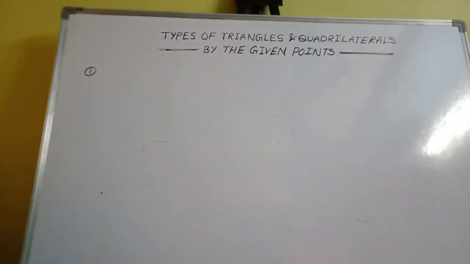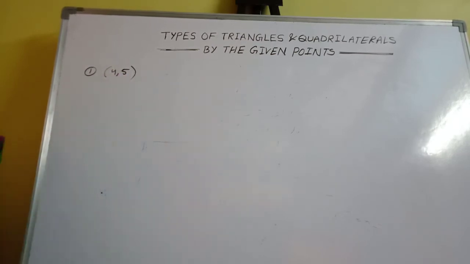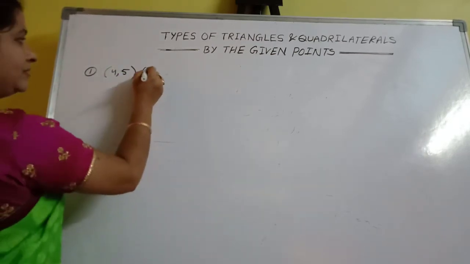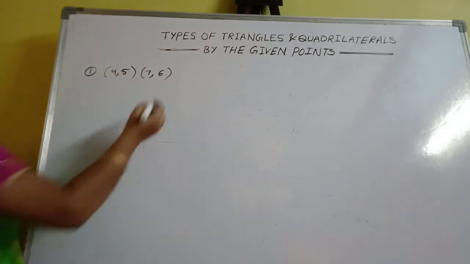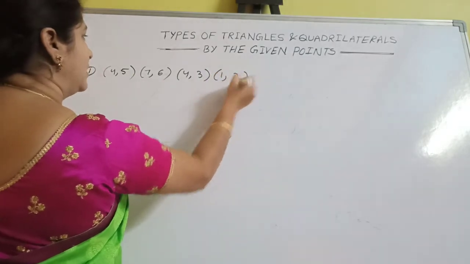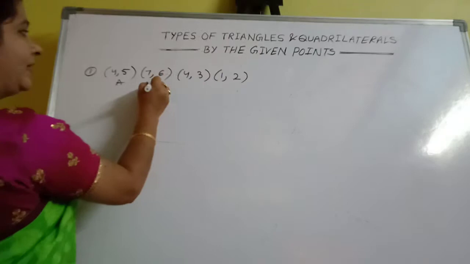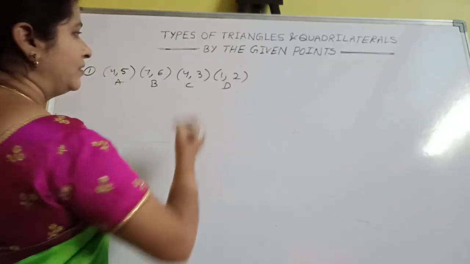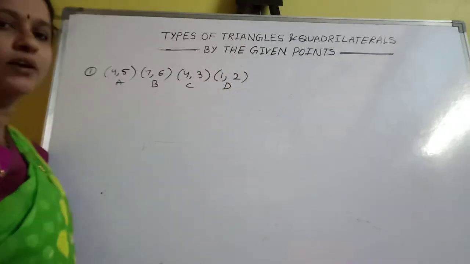Suppose (4, 5), (7, 6), (4, 3), (1, 2). So these are the 4 given points. Let them be A, B, C, D. Show that these 4 points make which type of quadrilateral.